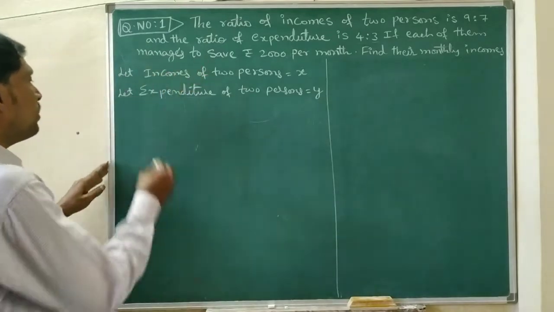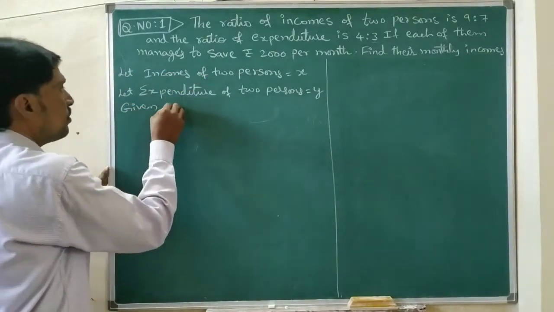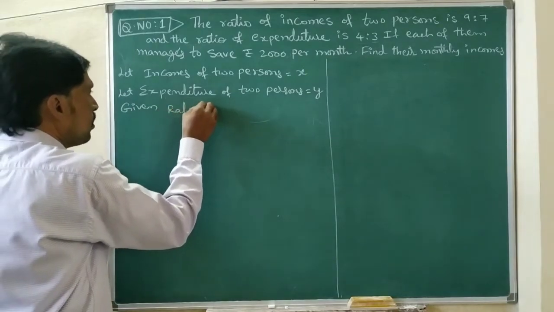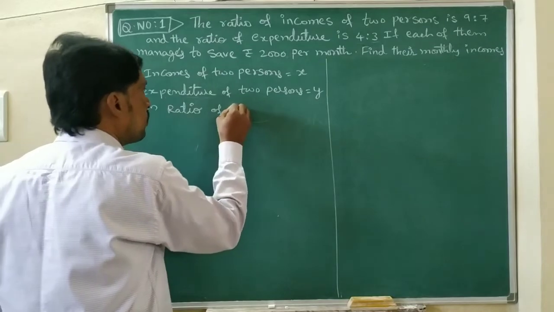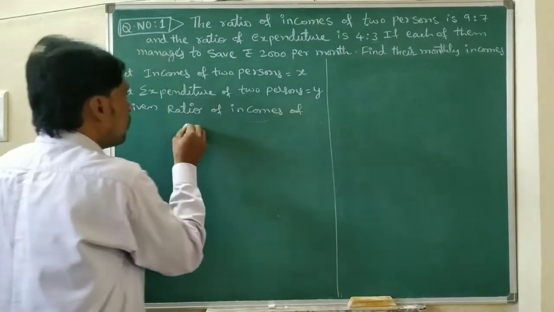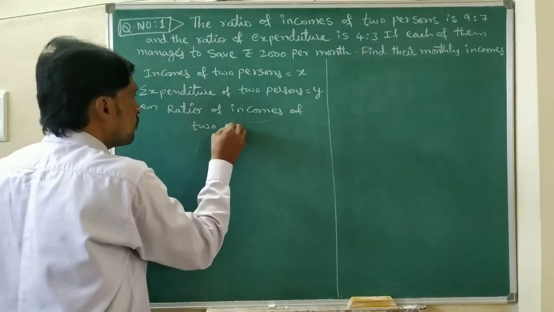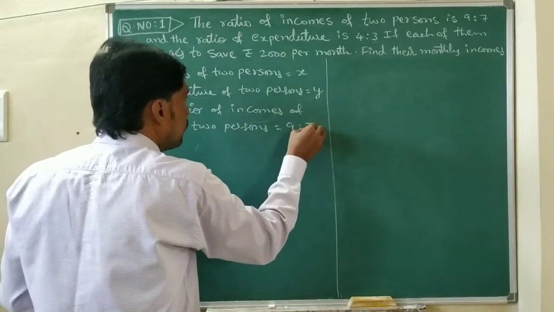So here it is given, what is given? Given: the ratio of incomes of two persons equals 9:7.